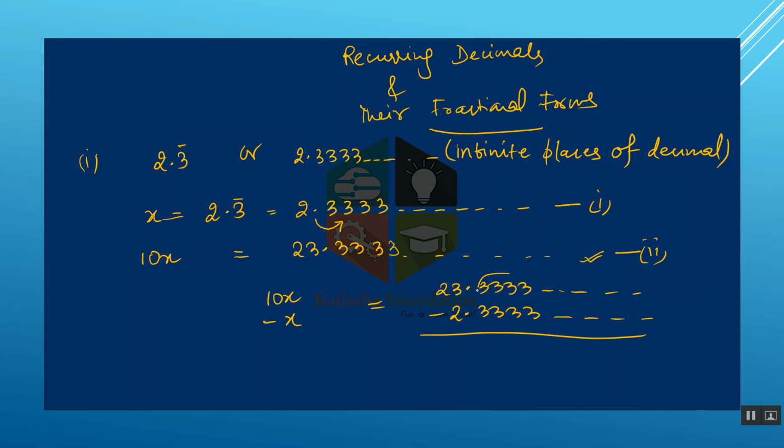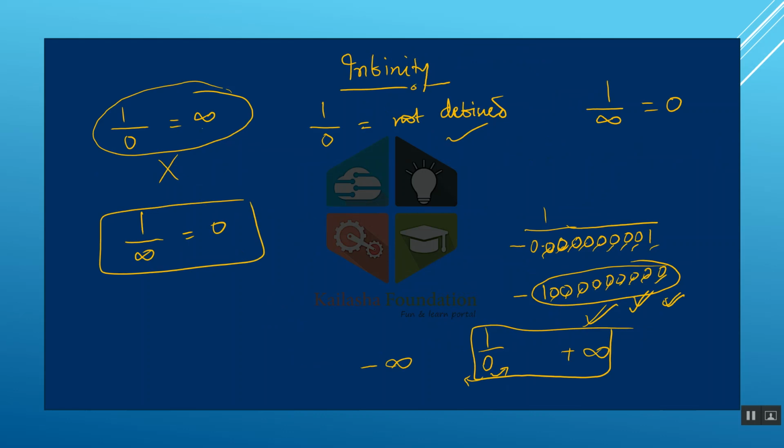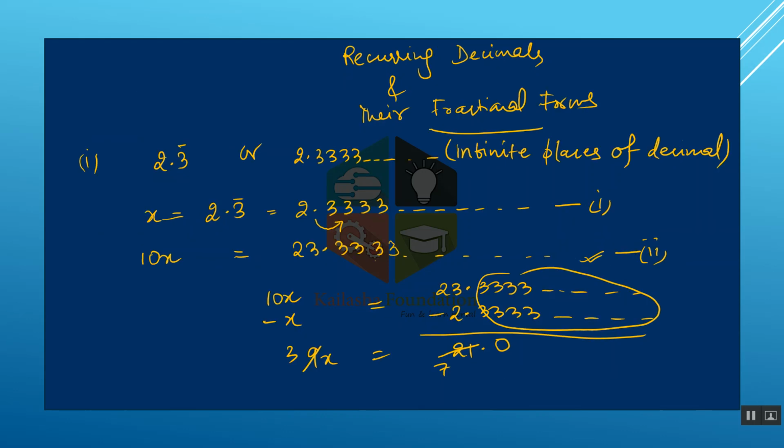Look at this part, this is the same, it becomes 0. It becomes 9x is equal to 21. Cancelling out 3, x is equal to 7 upon 3. So this is how you solve recurring decimals.